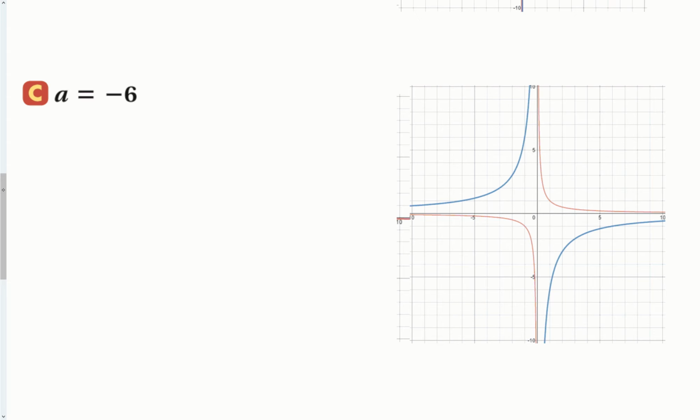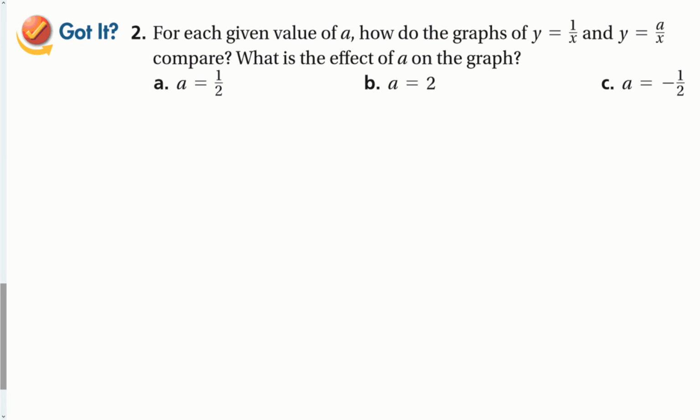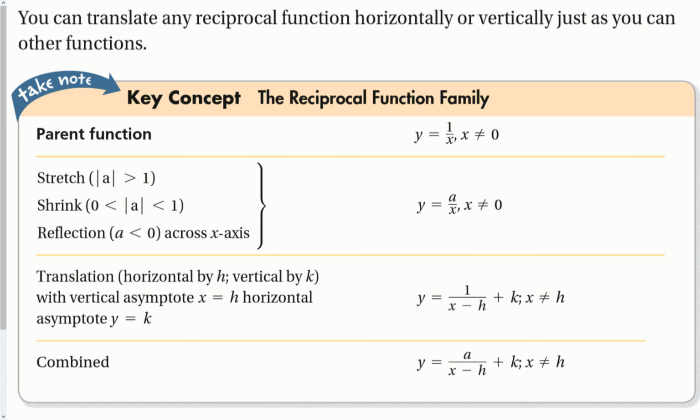Okay, and then just looking at these three, I'm not going to draw the whole graph here, but we can say that a 1/2 would have the effect of compressing the function, 2 would stretch it, and negative 1/2 would compress it and reflect it.